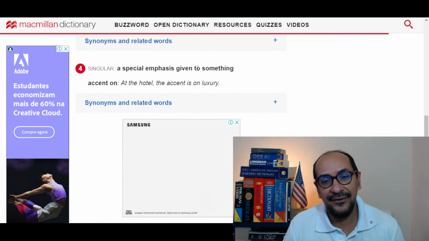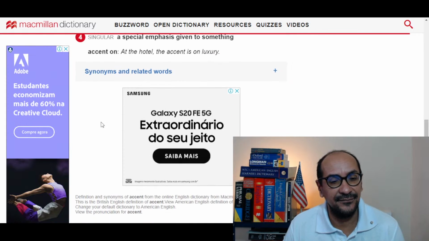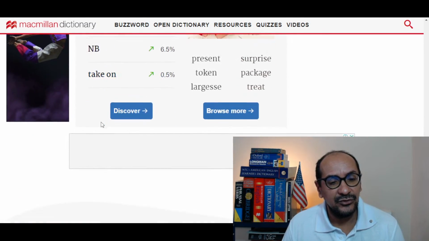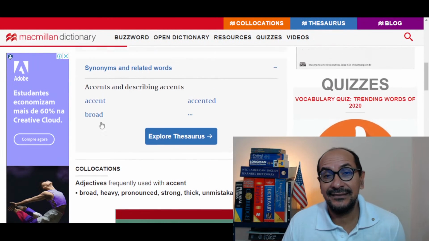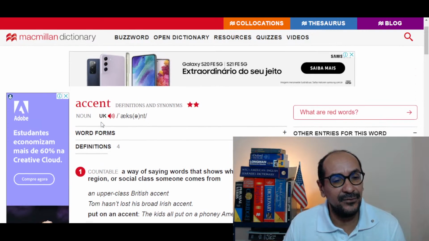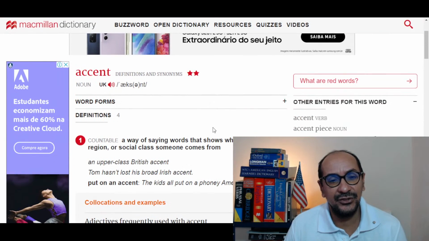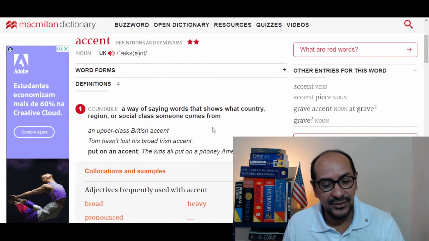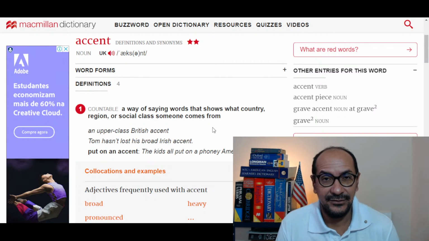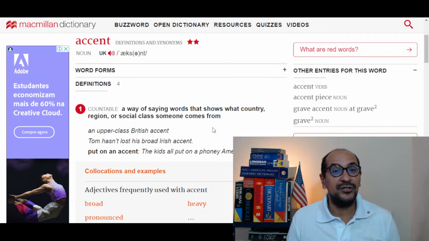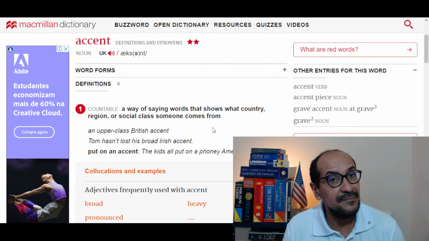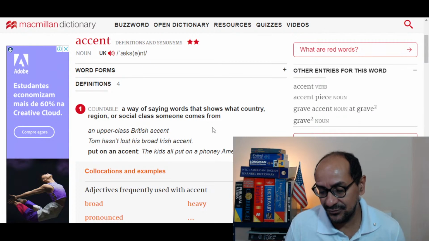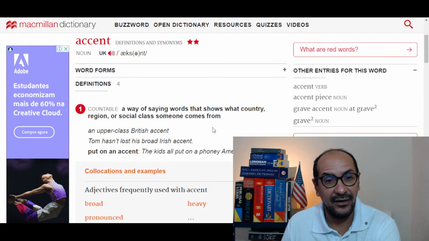A special emphasis given to something. So sometimes when you want to say the stressed syllable, the way people are going to pronounce certain words, then you use the word accent too. So this is something that you need to remember. Not only the way you pronounce it, but also the meaning of it. Not to mention, of course, the spelling of that word.